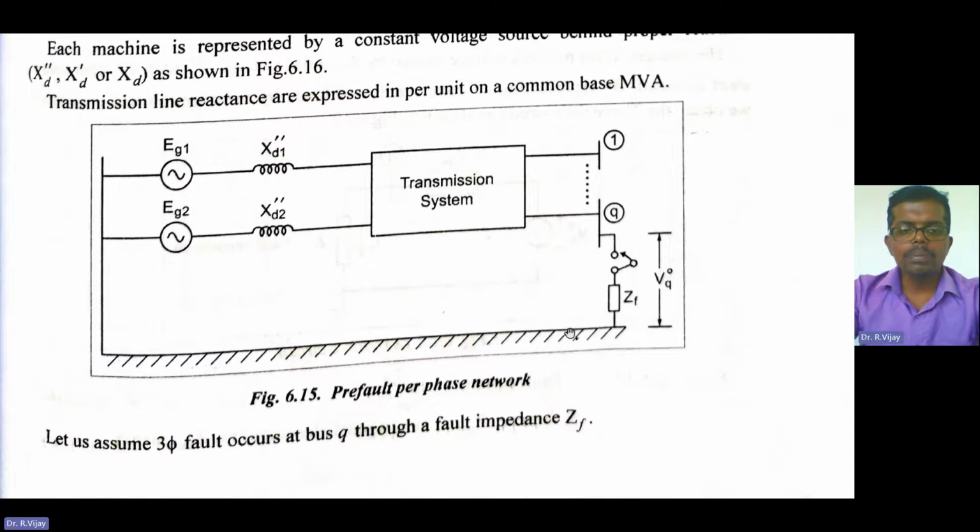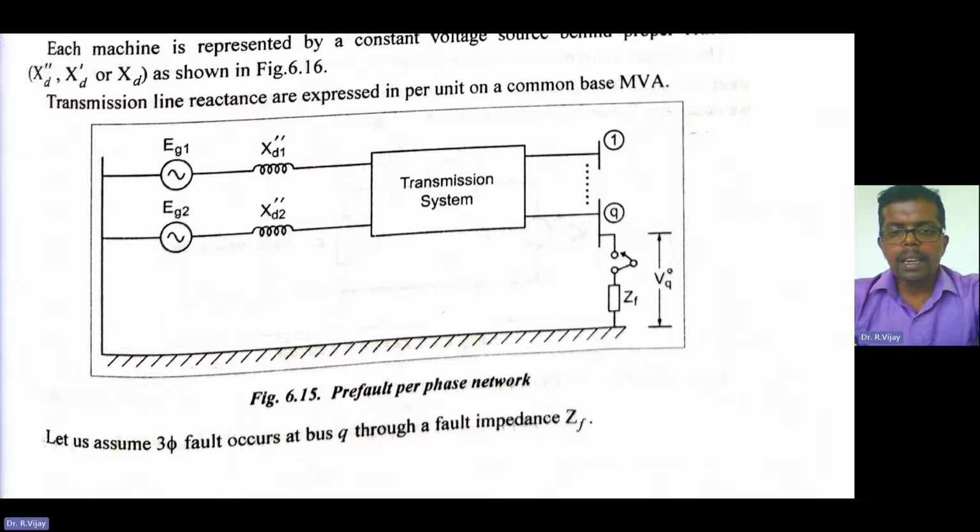So let us assume a three-phase fault occurs at the bus number Q through the fault impedance ZF. You might have a doubt how a three-phase fault is occurring, but this is a single line diagram. If you convert this single line diagram into the actual bus system diagram, there the three-phase fault occurs, and the calculation of positive sequence, negative sequence, and zero sequence is possible.